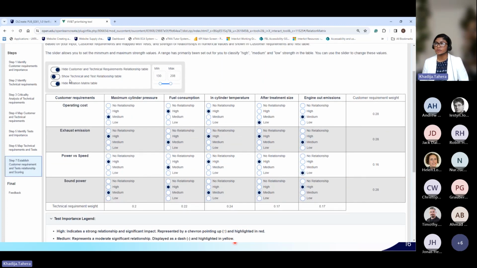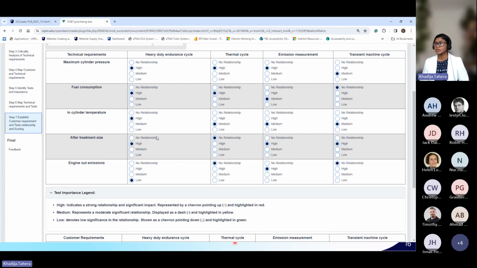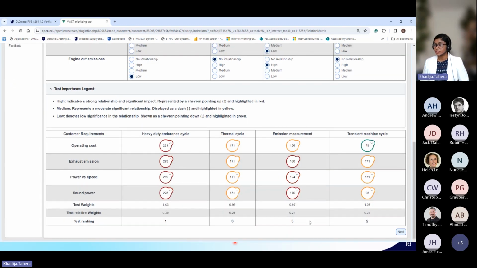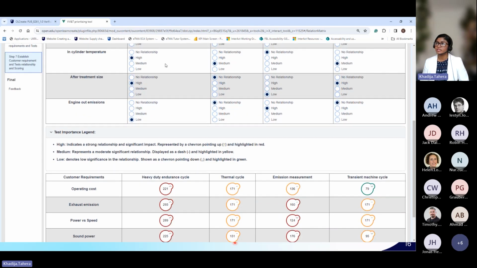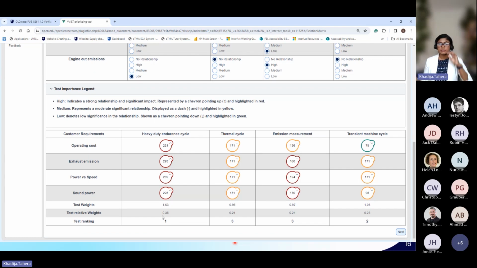Again, this is the customer requirements one. If you want to do it with the technical and test table, you can similarly change that and see whether the importance has changed. Based on my change, this one is becoming important, and it's just there to prompt you to ask why that is happening.